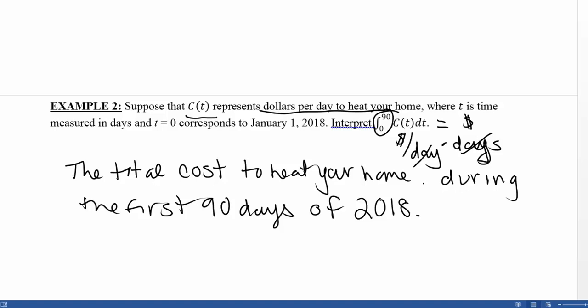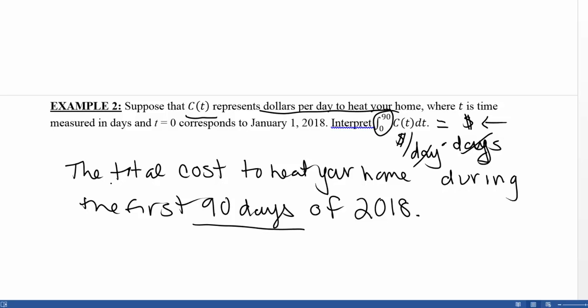So what are the key parts of this sentence? What are the things you want to make sure you have in your sentence? So we want to talk about this 90 days, or you could talk about from day 0 to day 90. You could say something like, roughly the first 3 months, but you need to talk about this time span because that's when it's happening. And then on the other side, once we find this number, it's going to represent the amount of money.